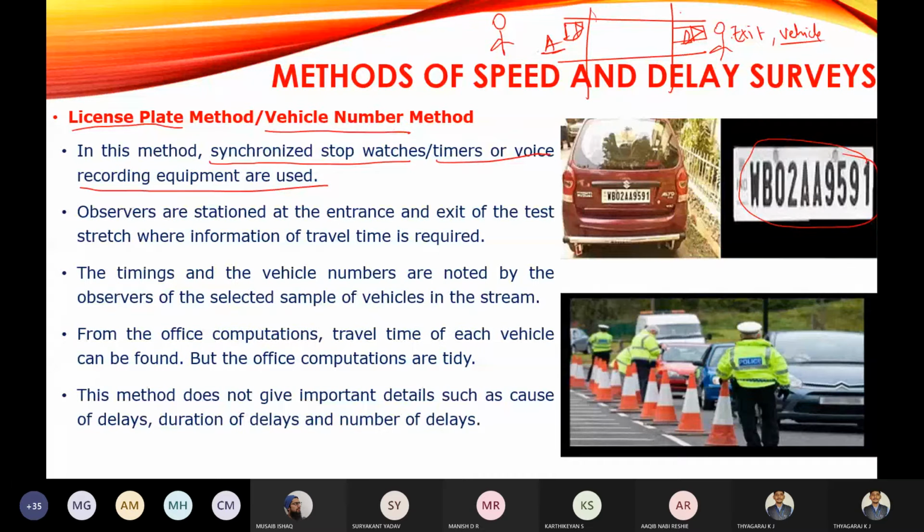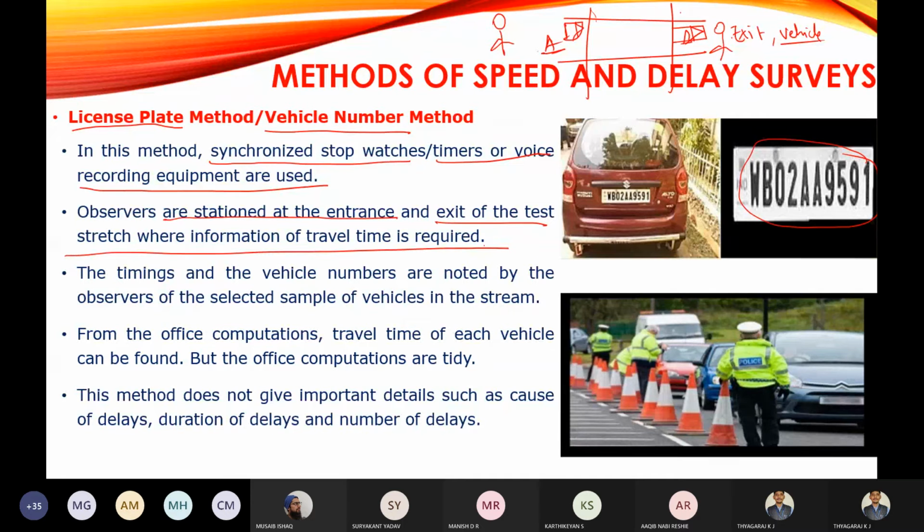So at the entry point, the time of arrival and registration number will be noted down, and at the exit point, the time of exit and the registration number. Observers are stationed at the entrance and exit of the test stretch where travel time information is required.